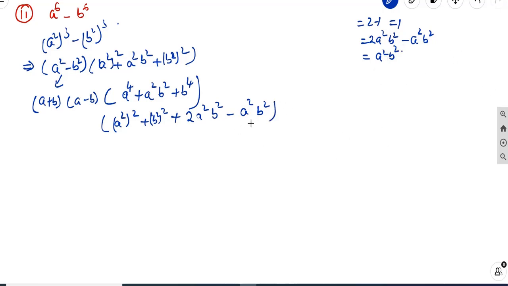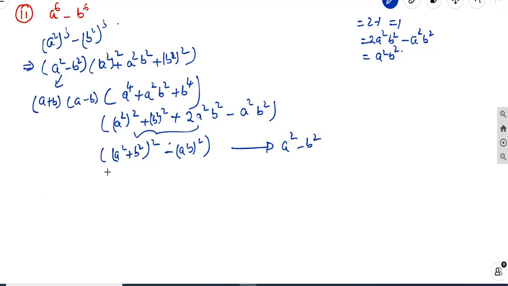If I write it like this, I can write it in the formula, that is a square plus b square to the power of square, minus ab square. So again, can I write? Yes, again I can use an identity, the identity a square minus b square.